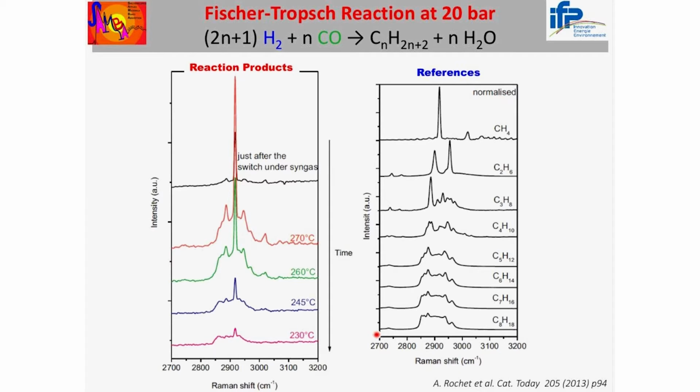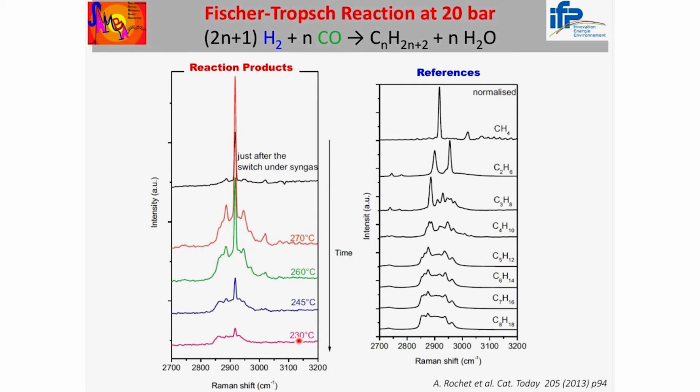Now we can use Raman spectroscopy as well in order to have information about the selectivity of the catalyst, of the reaction towards the different products. The Fischer-Tropsch reaction is comparable with the polymerization process. That means that we have at the end of the reaction a distribution of products with variable chain lengths.